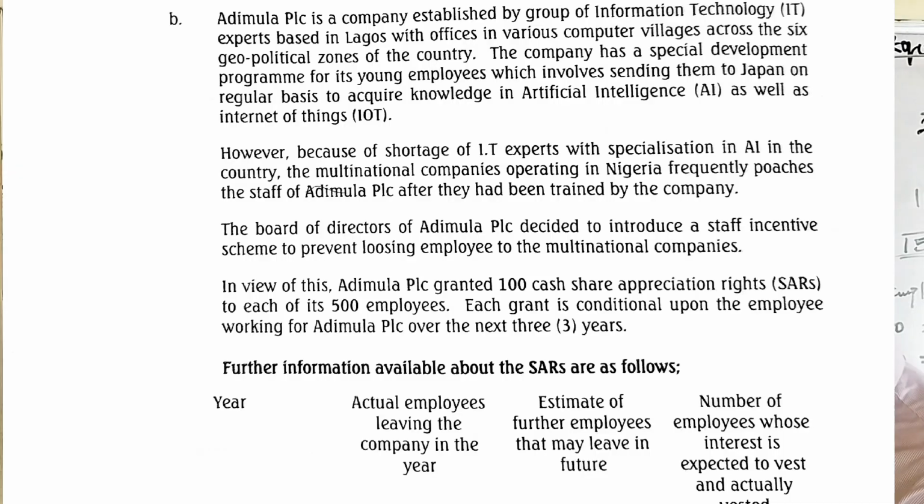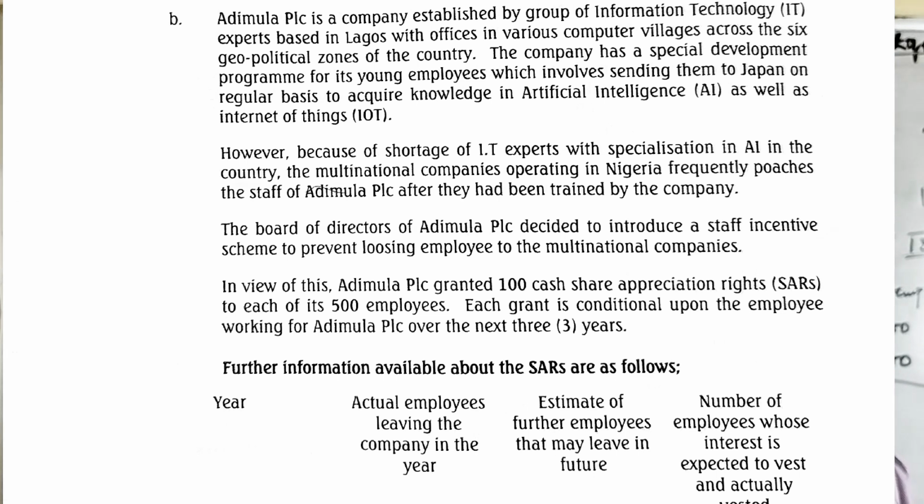Then the big part. Adimola PLC is a company established by a group of information technology experts based in Lagos with offices in various computer villages across the 6 geopolitical zones of the country.